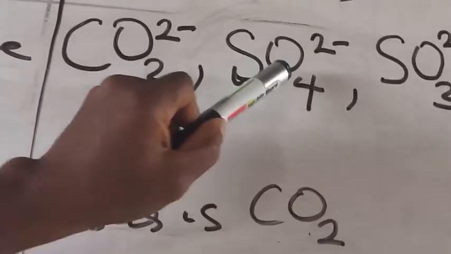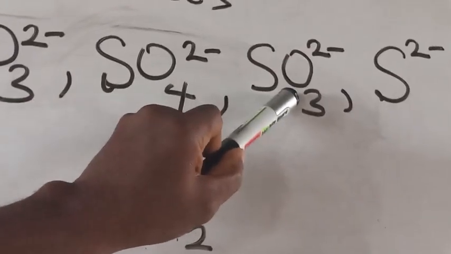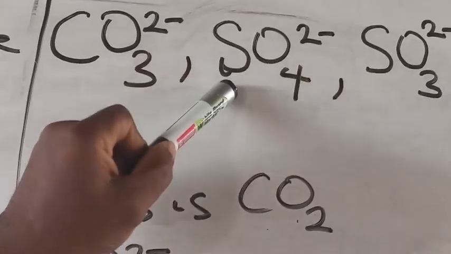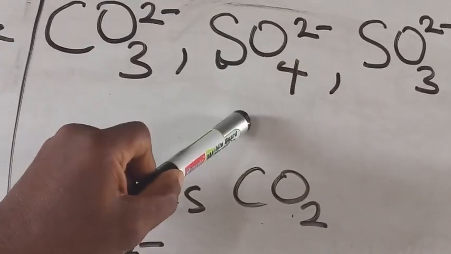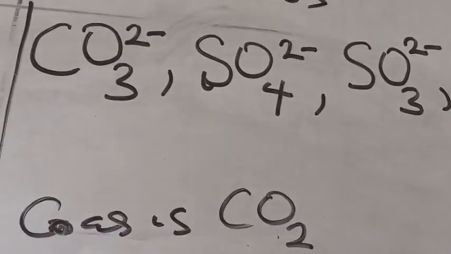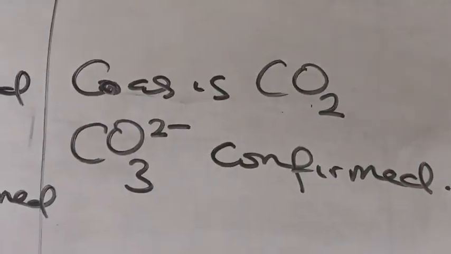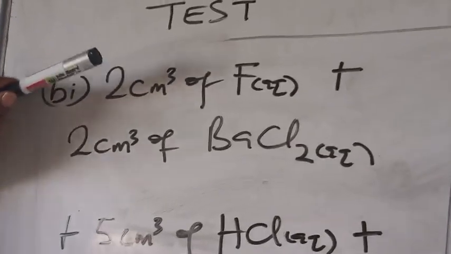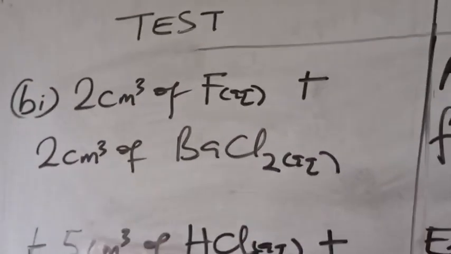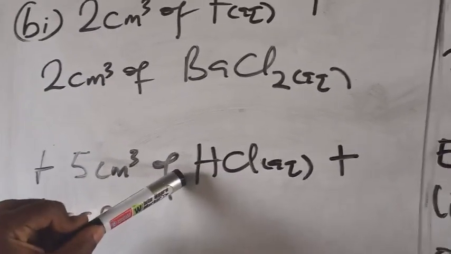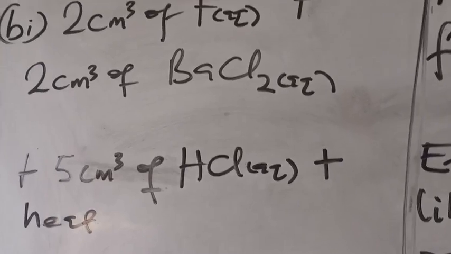S is a different element from oxygen. So it should be capital letters all through. You can see it. Not S small and O capital or S capital and O small letter. That is wrong. Capital all through. Look at CO2. C and O2 capital letters. And then if you come to the test column, the chemicals you're adding must always be specified in aqueous state. If it's an acid, you write aqueous or you put dilute in front of the formula. That will also cover it.